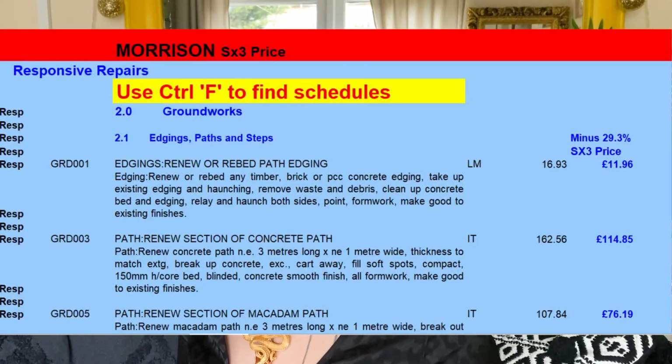So anyways, like I said, last time we used Lambeth Council as an example, and today we're going to be going through Lambeth Council as well, and a few other councils and housing associations whose price lists I've been able to find. So I've got the Lambeth price list in front of me now. They're actually using some kind of Morrison's SX3 price.